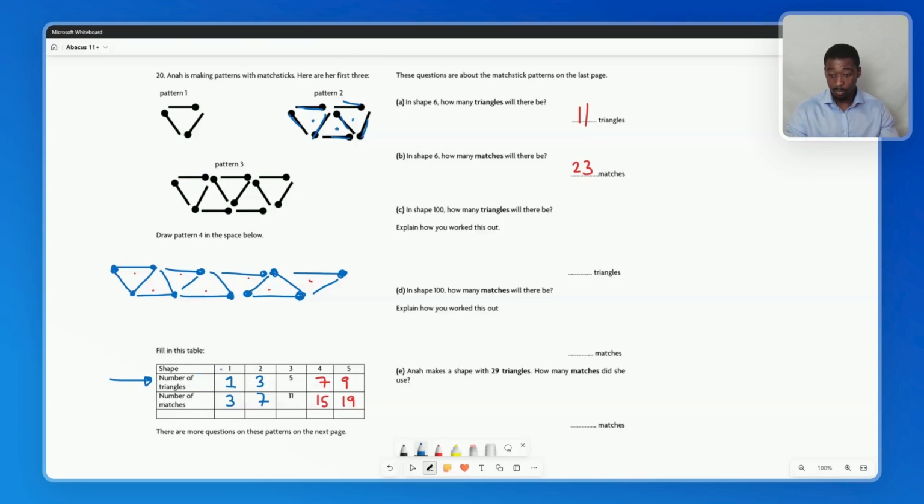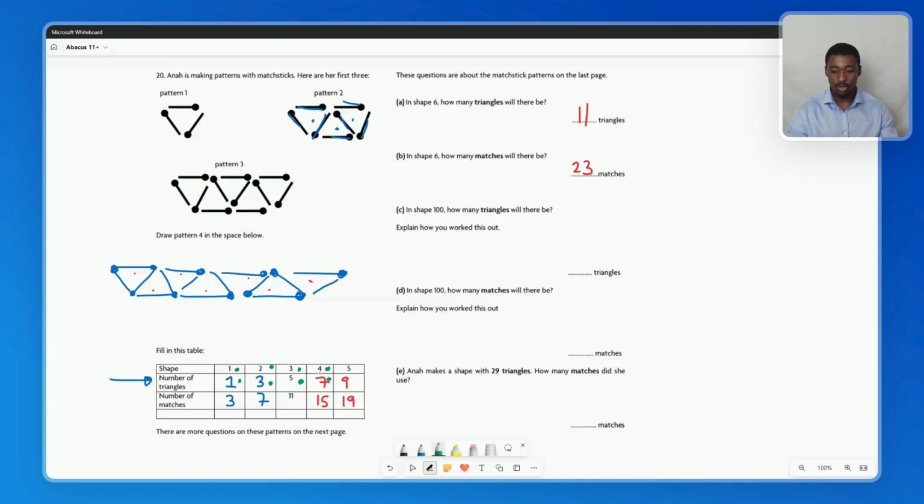So shape 1, we have 1 triangle. Shape 2, we have 3 triangles. Shape 3, we have 5 triangles. Shape 4, we have 7 triangles.